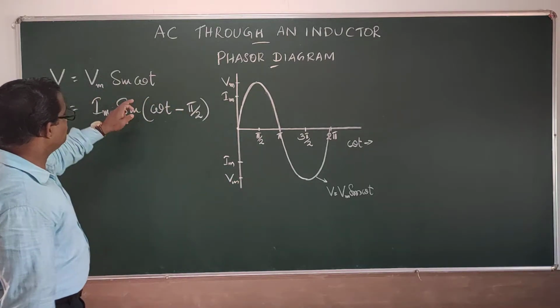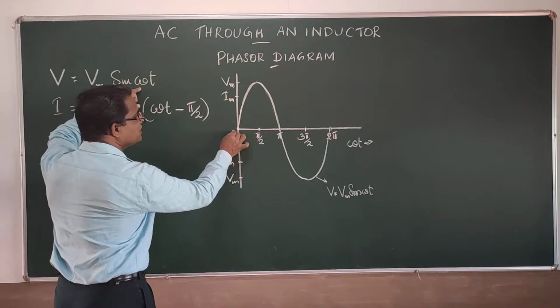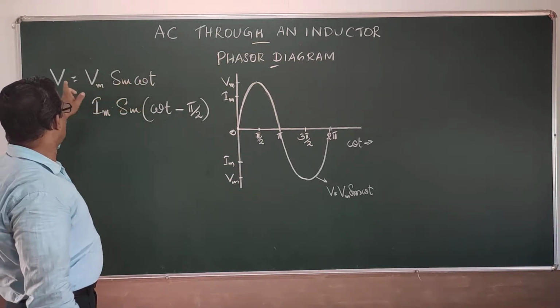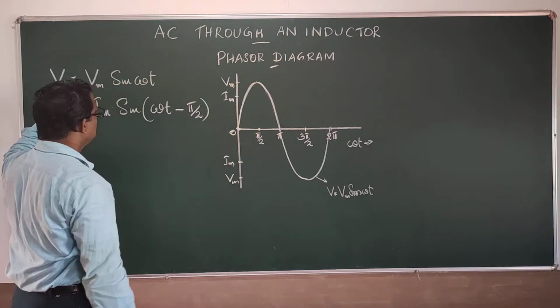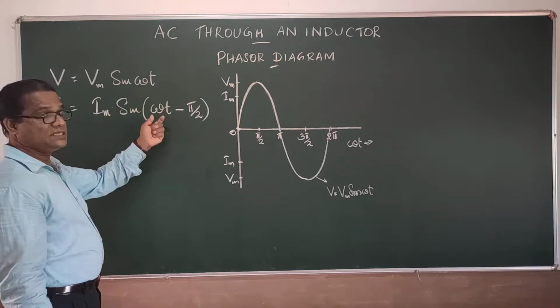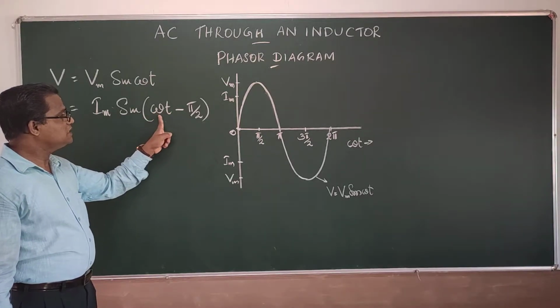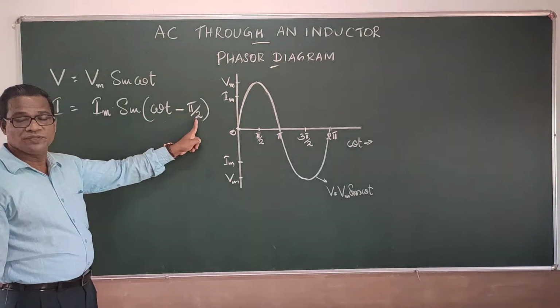And when you take omega t 0 at this particular point, then voltage will be 0. But when I say omega t 0 over here, omega t minus pi by 2 will come.